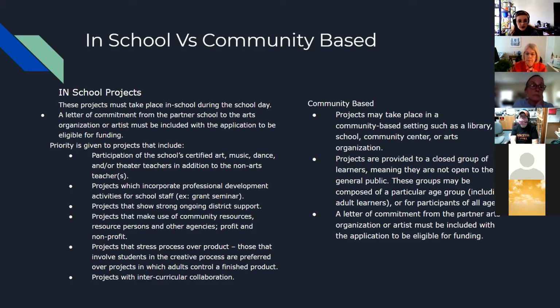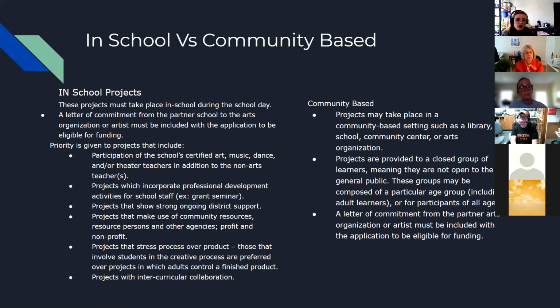For these, there needs to be a letter of commitment from the partner school to the arts education or individual that must be included to be eligible for funding, and this does need to be submitted on letterhead to show that it is an official thing, it is signed. We don't want to see just a screenshot of an email saying, yeah, you can come.